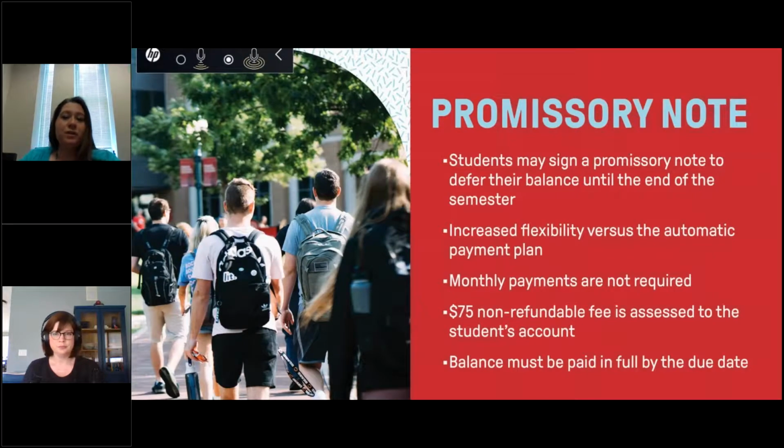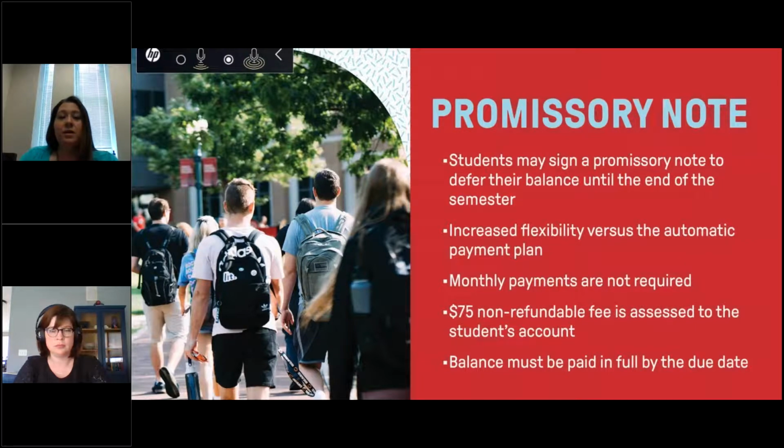And as another option, if you feel like the automatic payment plan is not for you, because it's a little bit more structured, you're looking for something with a little more flexibility in payments, or you don't want to go through a third-party servicer, the Student Accounts Office offers a promissory note option. As a student, you may sign a promissory note. This is not something that's signed by a parent or guardian.